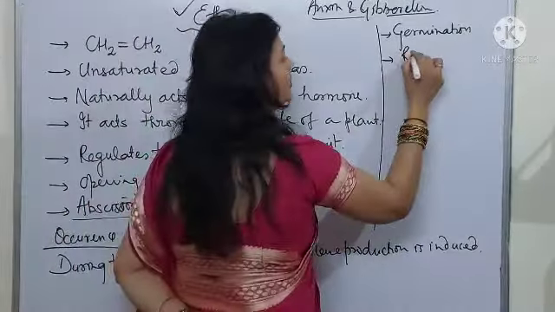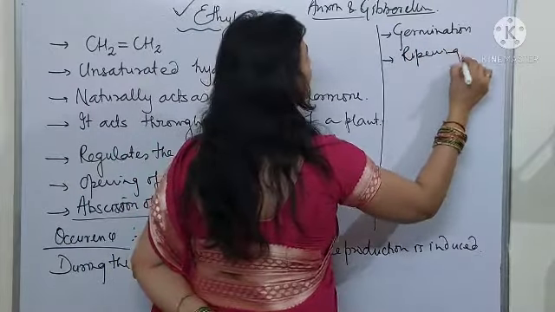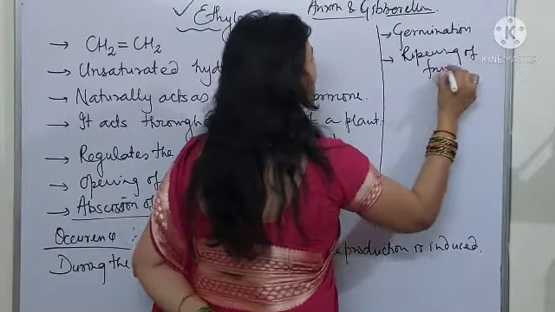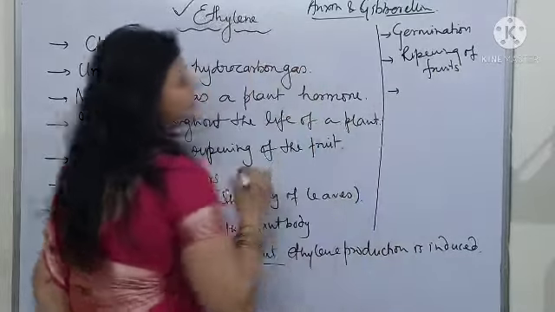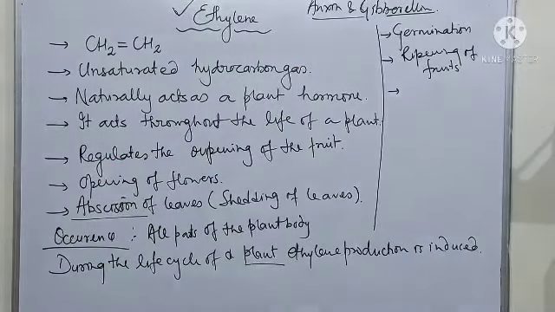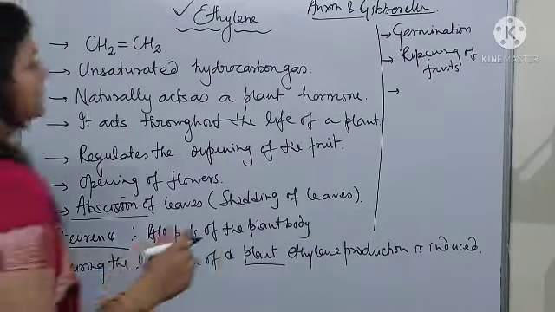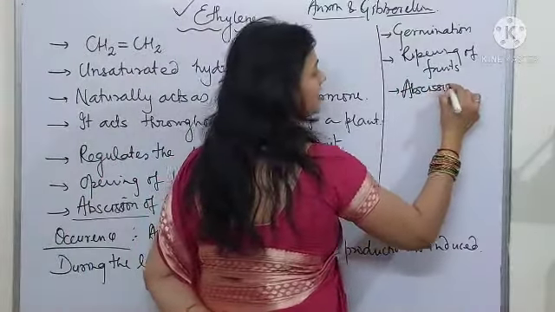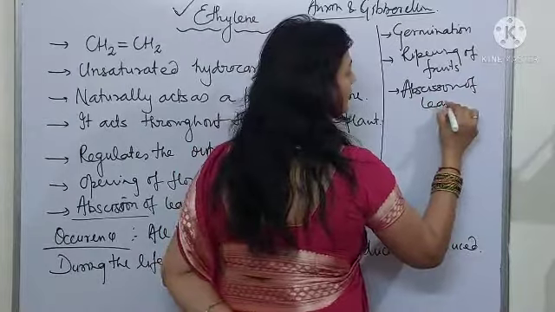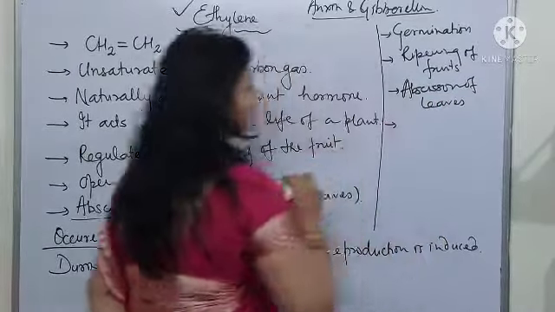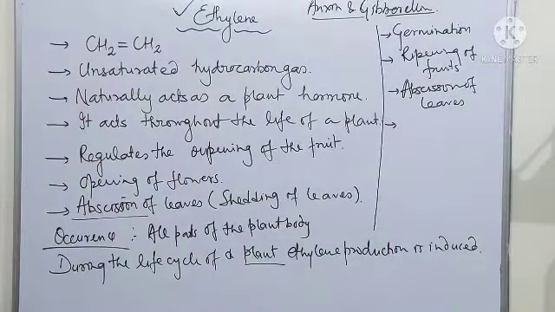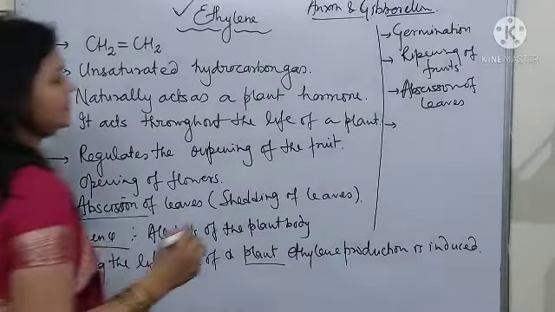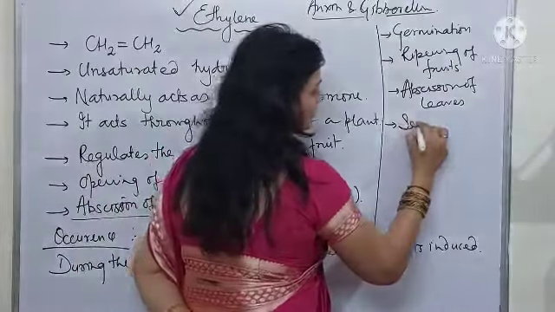Second, during ripening of fruits. Abscission of leaves and senescence of flower.